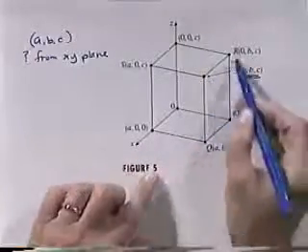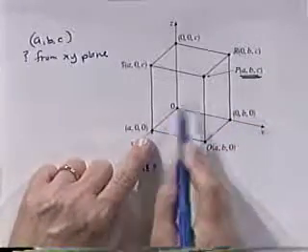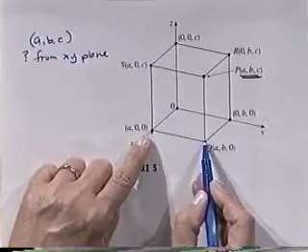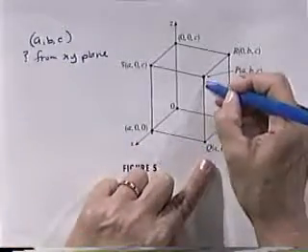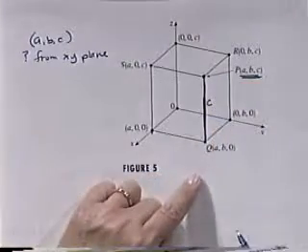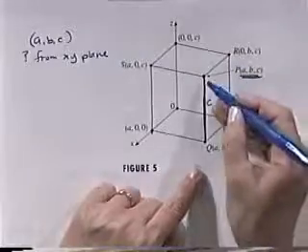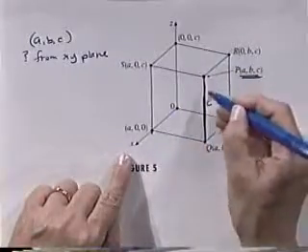Because to plot this point, ABC, you go in the x direction A units, then you go parallel to the y-axis B units, and then you go up C units. So the length right here is C units. So how far is this point ABC to the xy plane? C units.